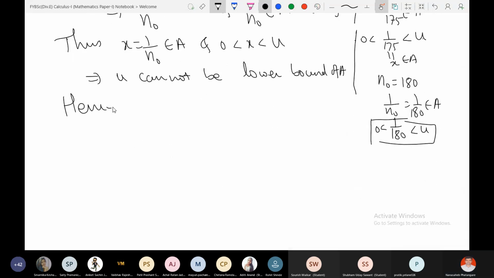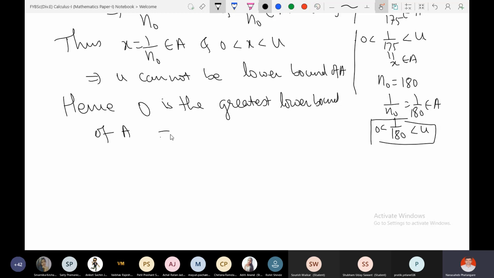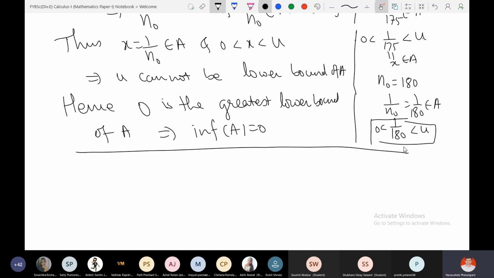Hence 0 is the greatest lower bound of A, and therefore the infimum of A is equal to 0. Okay, so this is clear.